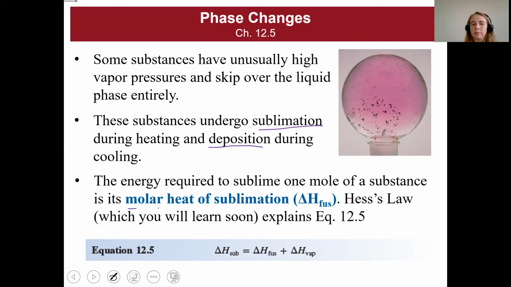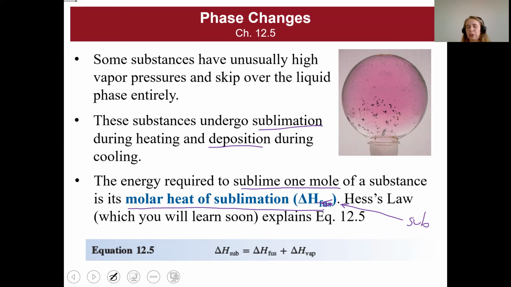So same kind of thing that we had with delta H fusion and delta H vaporization. Delta H of sublimation is the energy required to sublime 1 mole of a substance.